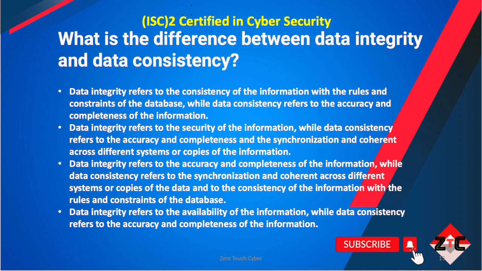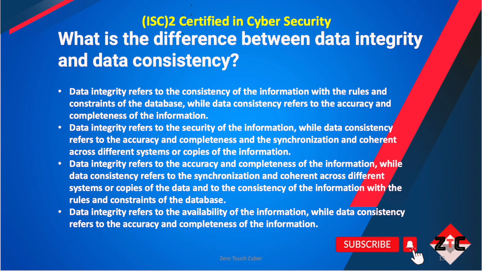Now let us understand these terms so that we can decrypt the answer. Data integrity and data consistency are two essential concepts in the field of data management, but they refer to different aspects of data quality and accuracy.